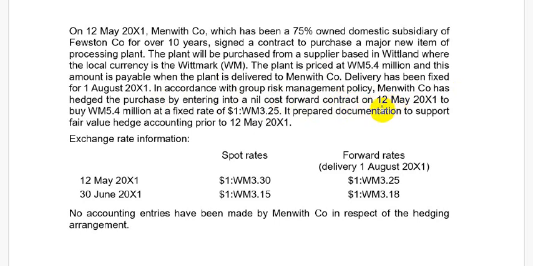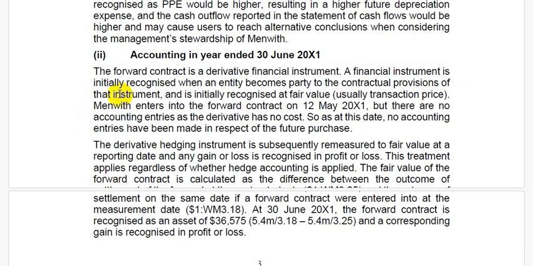So at inception there is no cost recognized, but as changes in fair value happen, then we need to recognize the changes in fair value. So the forward contract is a derivative financial instrument.